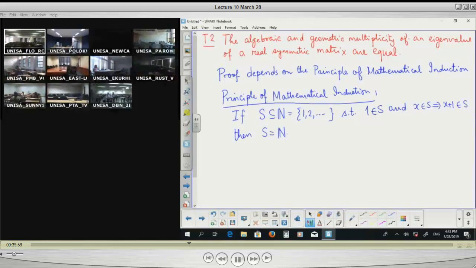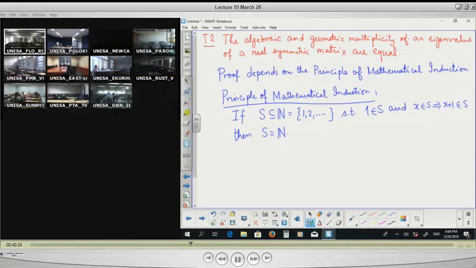Then you have shown that 1 is in that set. If I assume that n is in that set, then n plus 1 is also in that set. So therefore, every natural number is, by induction. So the induction principle is, in fact, the only way to prove a statement for all natural numbers.